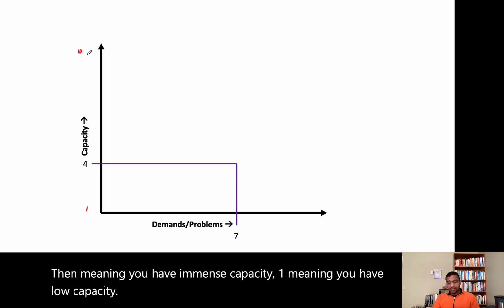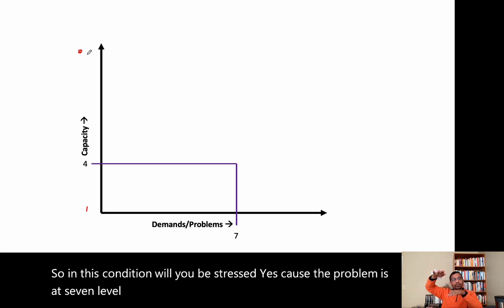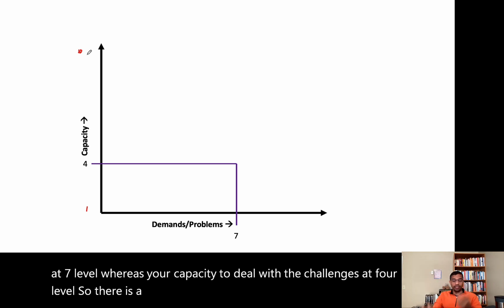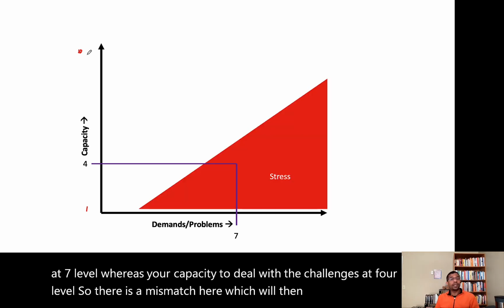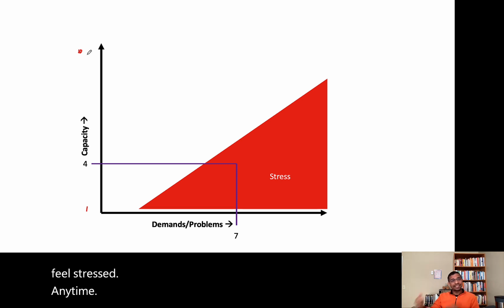So in this condition, will you be stressed? Yes, because the problem is at 7 level, whereas your capacity to deal with that challenge is at 4 level. So there is a mismatch here, which will then lead you to feel stressed. Anytime the demands exceed your capacity, you will be feeling stressed.